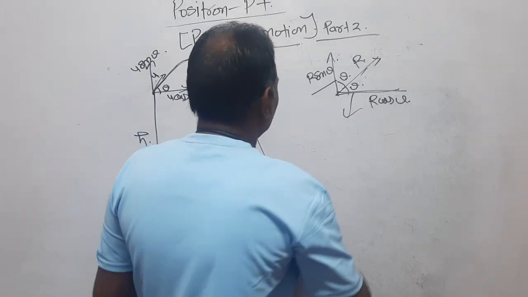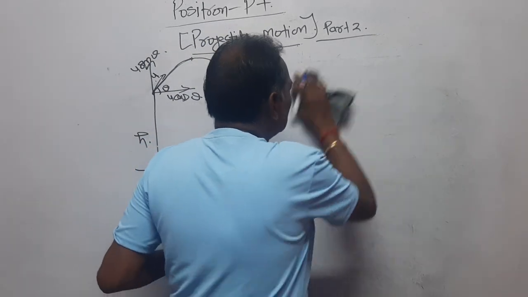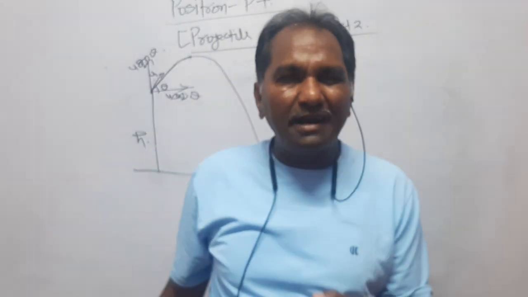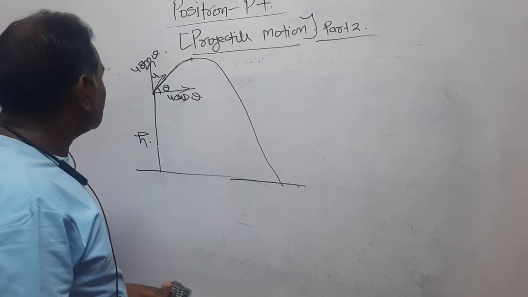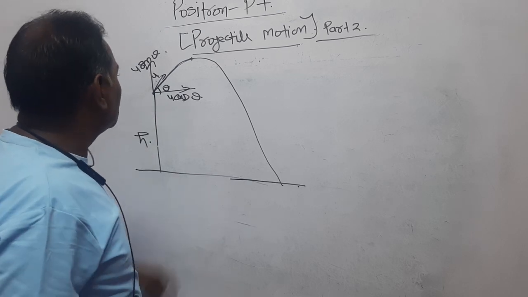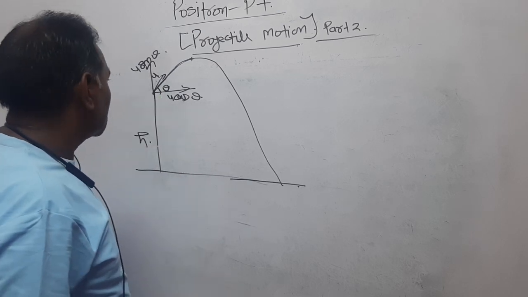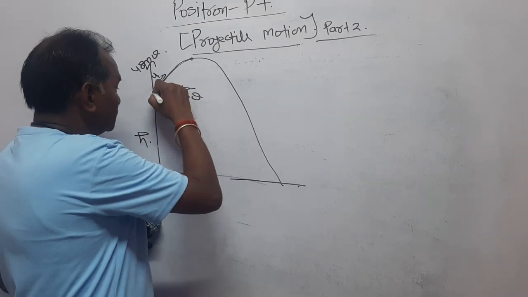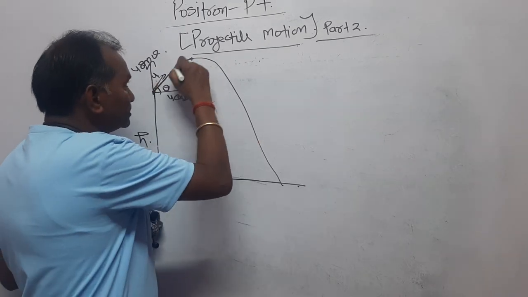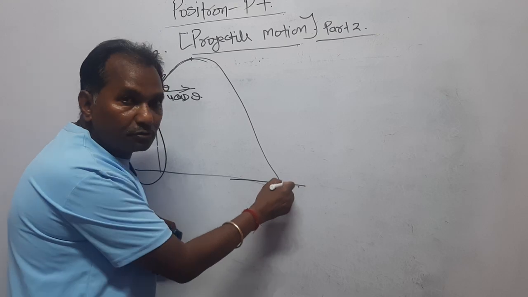Always remember. Now, dear students, some very small, tiny things you should remember to be fast and smart in calculations. Now look here. You have the two components, u cos theta and u sin theta, right? The body is traveling via this curvature and comes down to here.